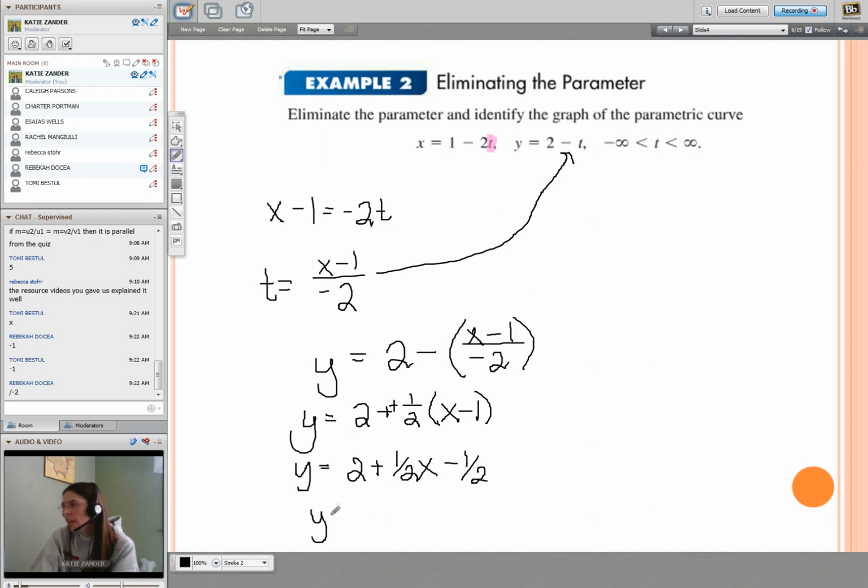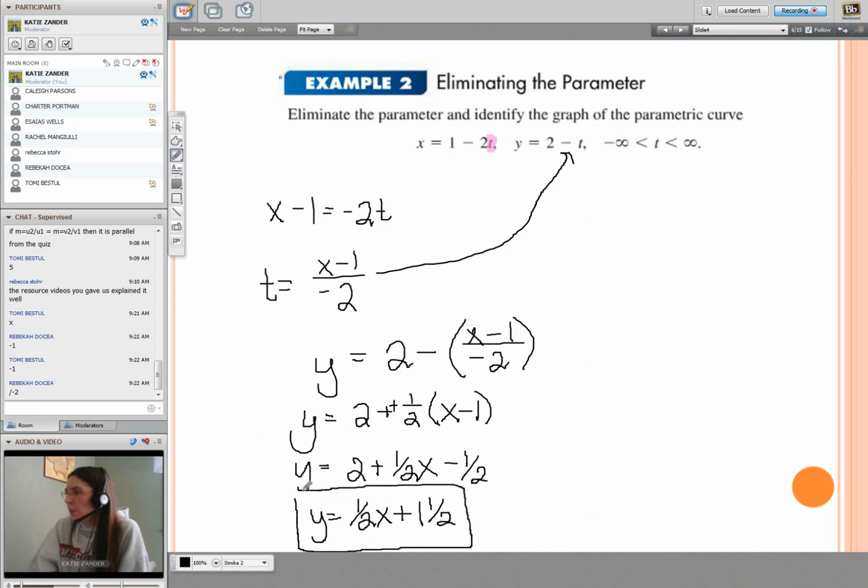So because we're used to writing things in slope-intercept form, that would be 1/2 x plus 1½ after I combine those like terms at the end. Okay. We now put these parametric equations into our rectangular form. So we eliminated the parameter and we changed that into our function form that we're used to graphing with.